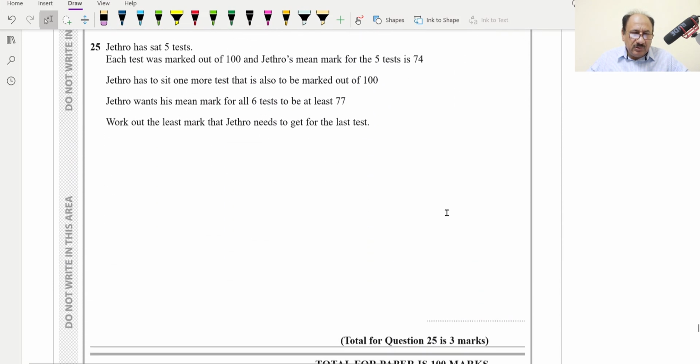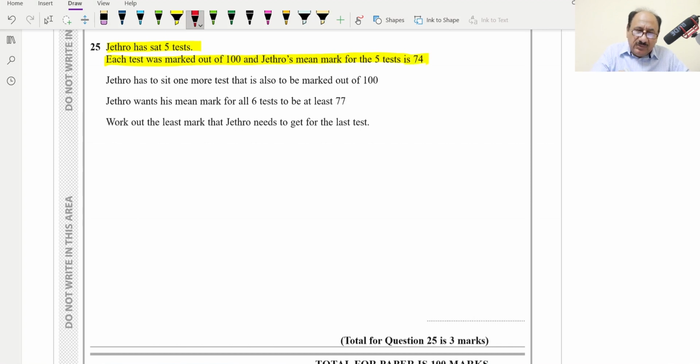Then question number 25. Question 25 says Jethro has sat 5 tests. Each test was marked out of 100 and Jethro's mean mark for the 5 tests is 74.